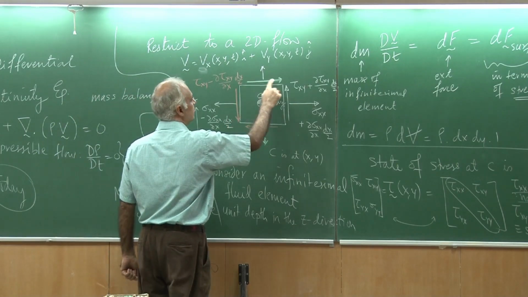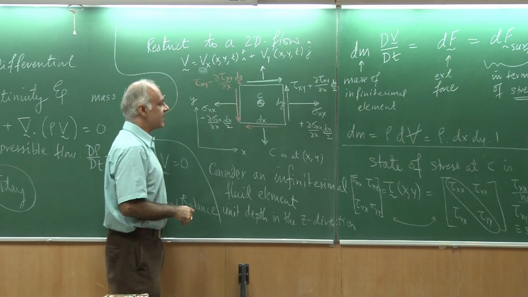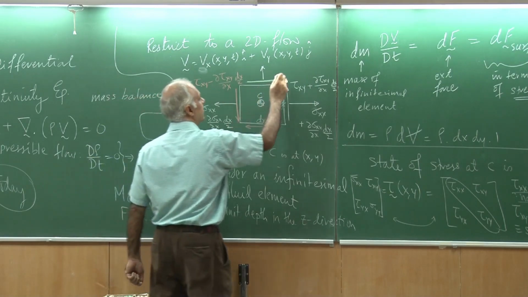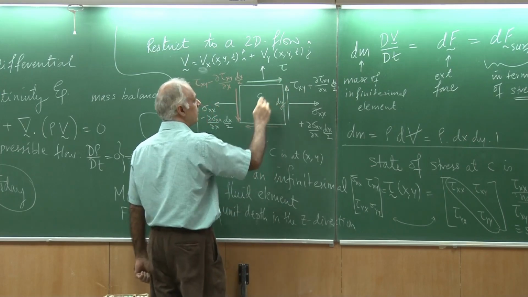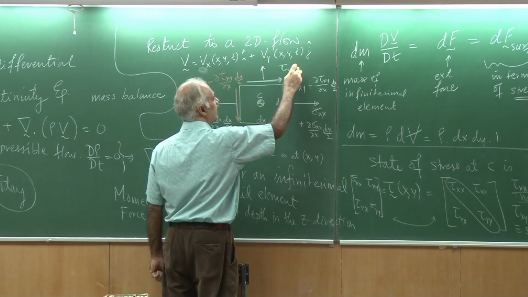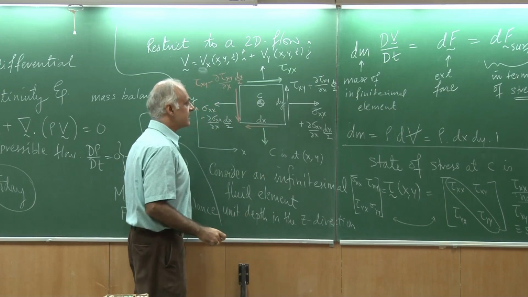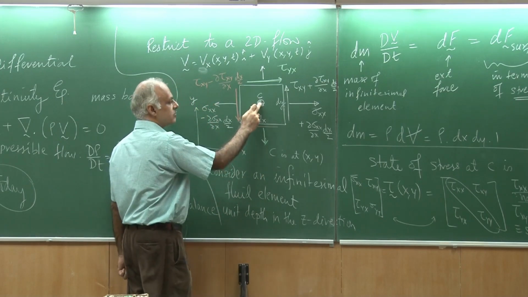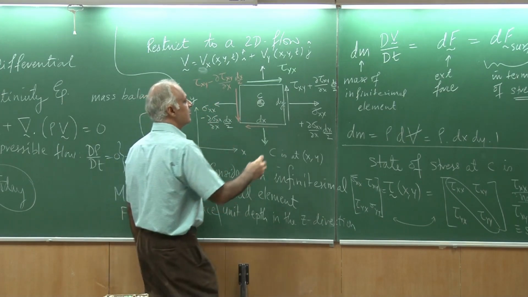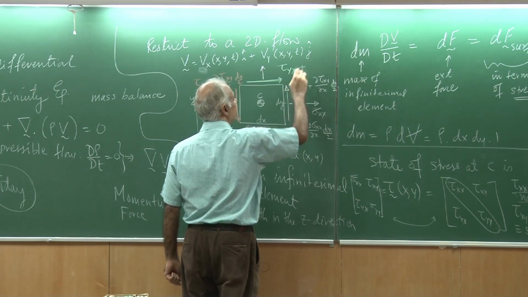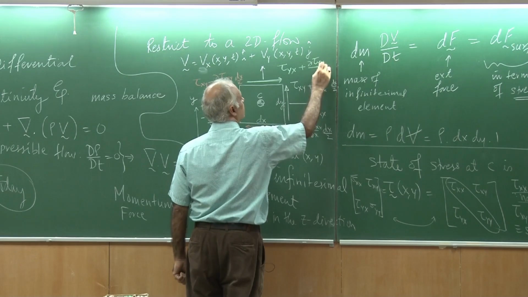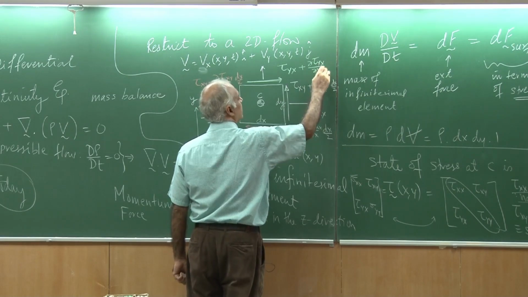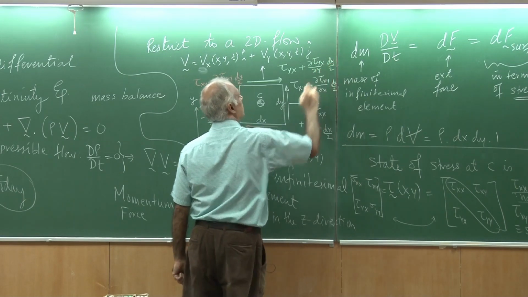The shear stress on the upper face would be given as tau, and now I am talking about the y face. So this is y, but in the x direction. Tau yx was the value at point C, so I would have to correct it with del tau yx by del y and dy by 2.